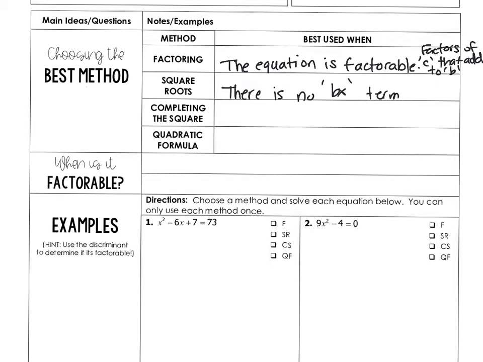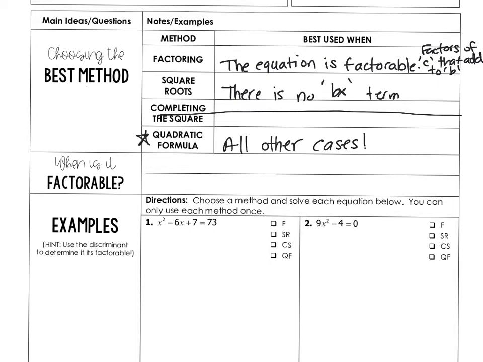Completing the square we are not going to do. You may do that in Algebra 2, but right now I'm not concerned with you knowing how to do that. Quadratic formula: you can use this for all other cases. The quadratic formula always works. That's what's so great about it.